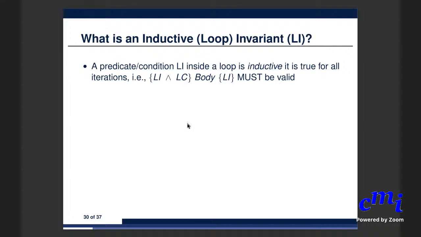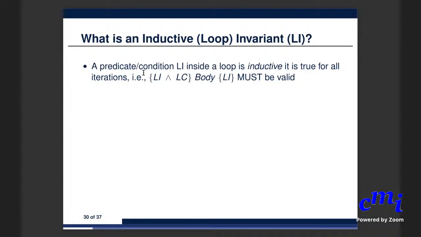An invariant for a program is something that you attach at a particular location, and it is true on every execution whenever the control reaches that location. Now, this is a special kind of invariant for programs called an inductive or loop invariant.